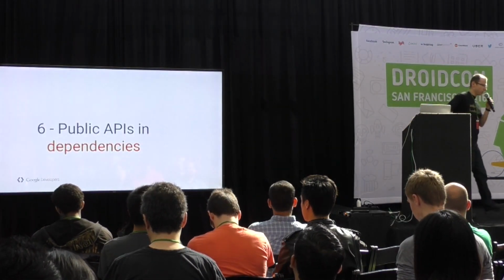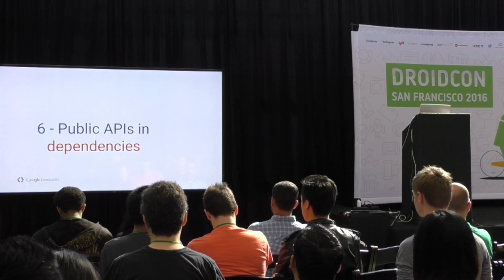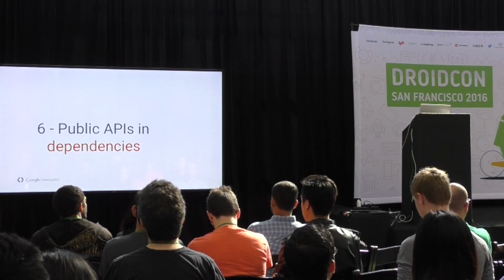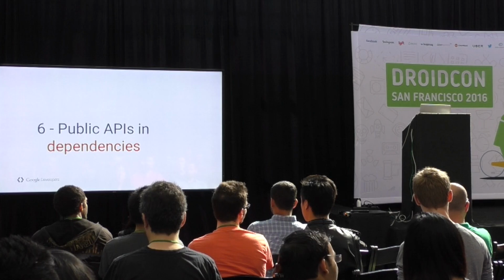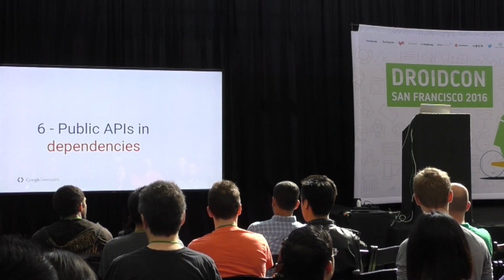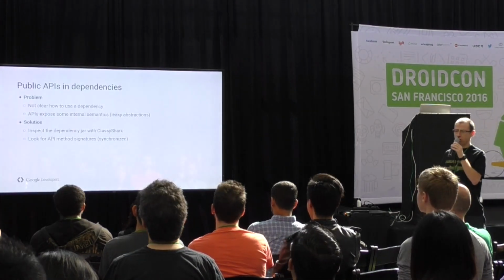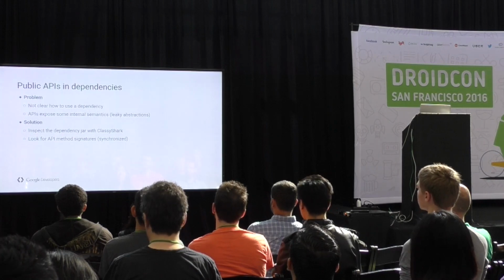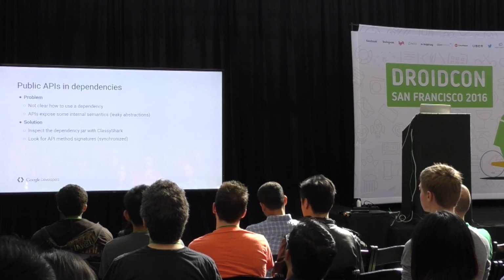Another problem that I have been seeing a lot as an Android developer is that sometimes the public APIs of my dependencies don't tell me the whole story. And something that really helps me is to look at the jar of some SDK or framework that I'm using and to see how public APIs are built.